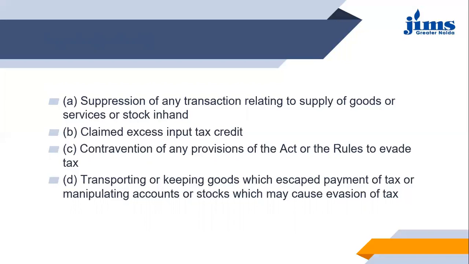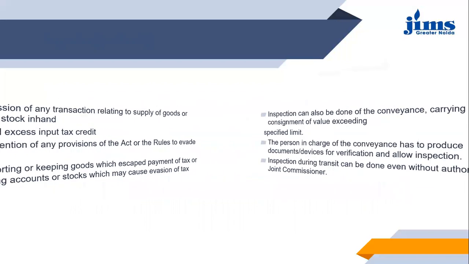Under such a situation, it will result in tax evasion, and thus the inspection can proceed. Or if any manipulation in accounts or stock has been done, in that case also the GST is assumed to be not paid or evaded, and the inspection can follow.